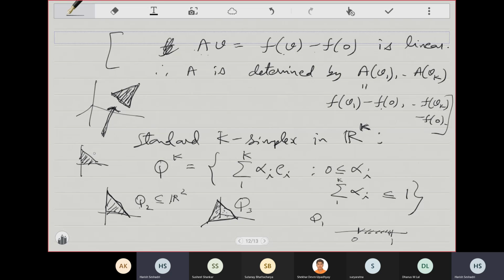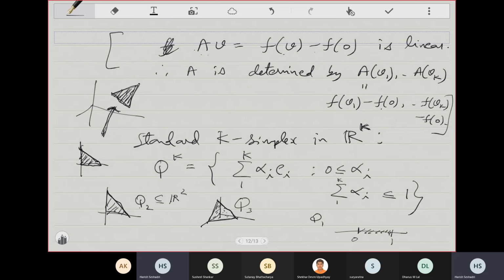But of course, the side lengths may change, etc. How do I do this? The easiest way to do that, and I notice one thing here, for the standard simplex, one of the vertices is the origin. I want to get rid of that. This triangle can be anywhere.